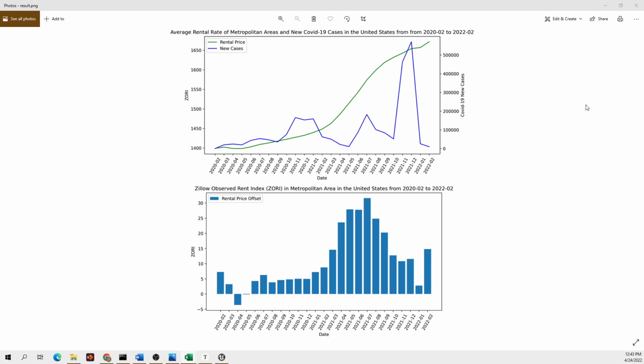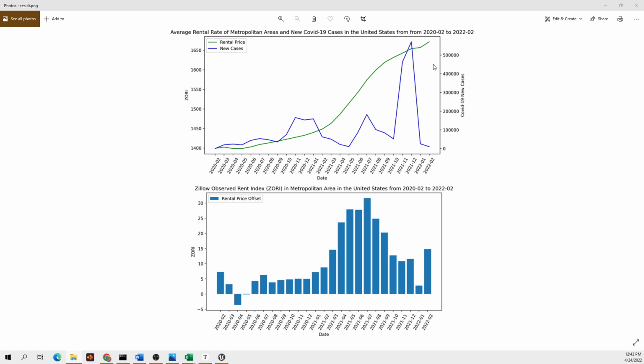The green line is the average rental rate for each month, and we can see there is an upward trend. The price keeps increasing from February 2020 to February 2022.